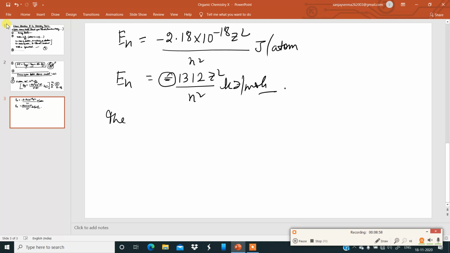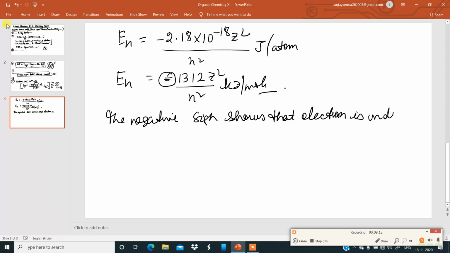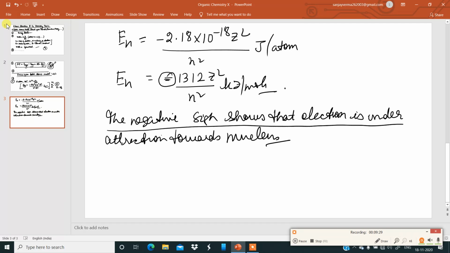The negative sign shows that the electron is under attraction towards nucleus. So this is a very important sentence to understand and remember.